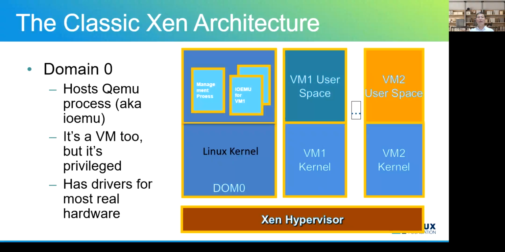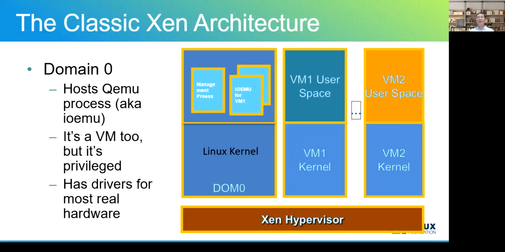Here is a classic Xen architecture. There is a hypervisor under all VMs, and there is a special VM called domain 0. It's privileged. It provides services, and it also manages all other VMs.